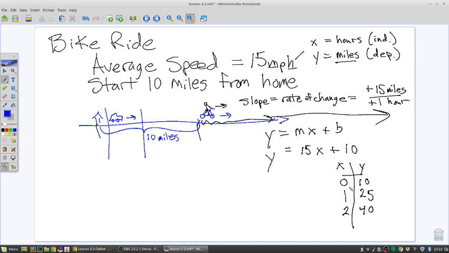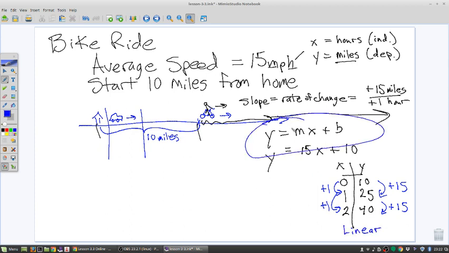So in a table, if your x values increase by the same amount each time, and your y values increase by some amount, in this case I'm going up 15 each time, if they both increase steadily, 1, 1, 15, 15, this is what we call a linear pattern. And that's related to that equation right there.